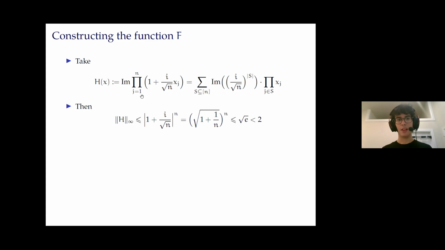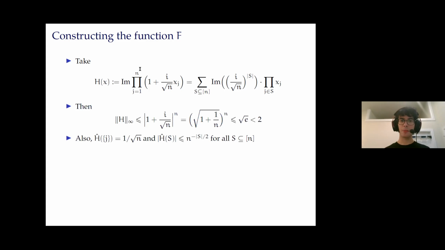So basically the absolute value is at most the absolute value of the original thing without the imaginary part. And it is always upper bounded by square root e. And also the linear term works nicely because it's just 1 over square root n.